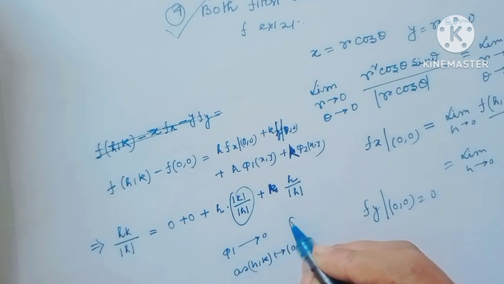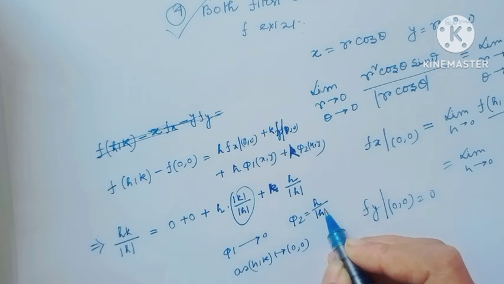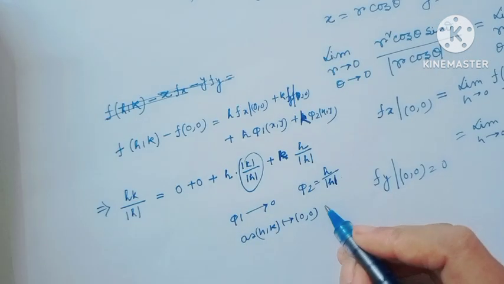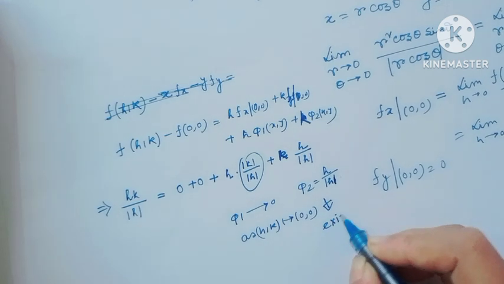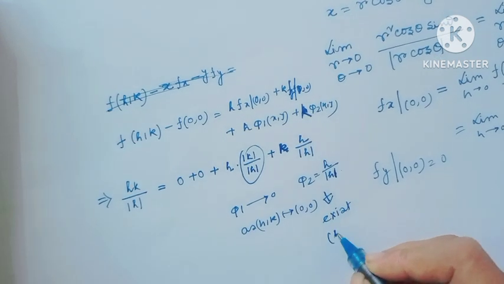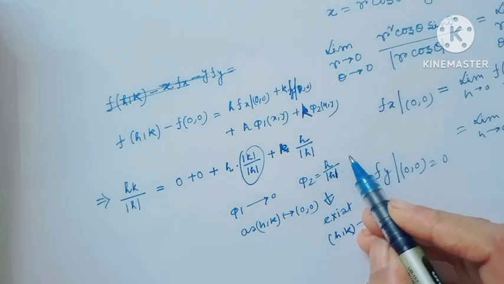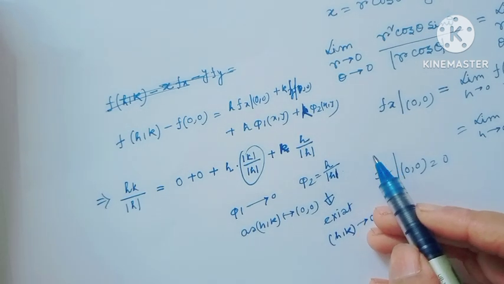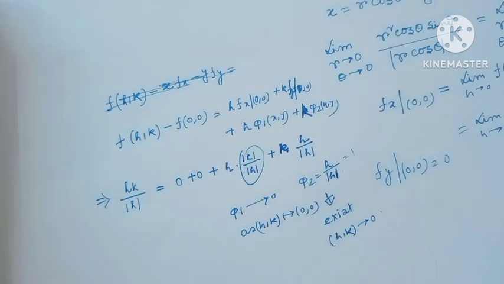But phi 2, here h over modulo h, does not exist as (h, k) tends to (0, 0). This limit does not exist because when h tends to 0 from the plus side, then this value is plus 1. When h tends to 0 from the minus side, then this value would be minus 1.